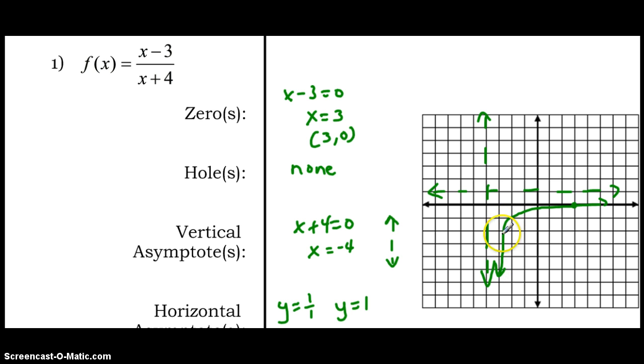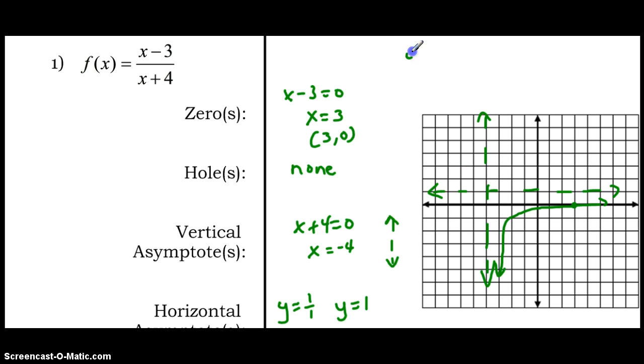And you just draw your line approaching your vertical asymptote and your horizontal asymptote. And then most of the ones that we'll be doing will be in opposite quadrants, and you can check that by plugging in values. Like you could plug in -5 and make sure that it would be in this range.